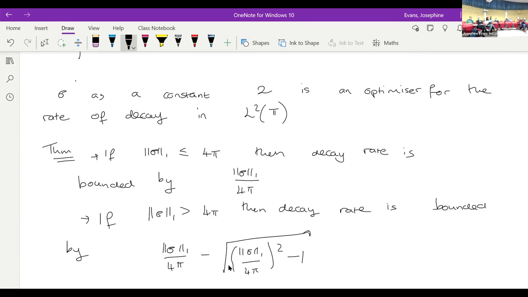But when you have a more complicated kinetic equation with a boundary or with a confining potential, it's not at all clear that a constant sigma will then be the best rate of convergence to equilibrium. In particular, I think we believe that if you have a confining potential, then having your jump rate get smaller and smaller as you go off to infinity might give you a faster rate.